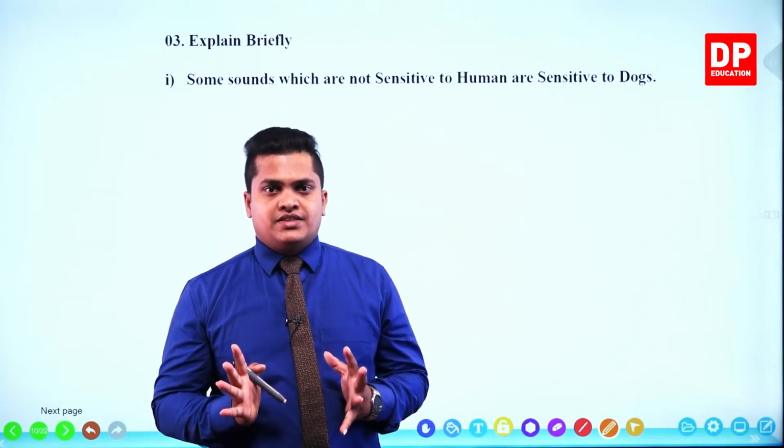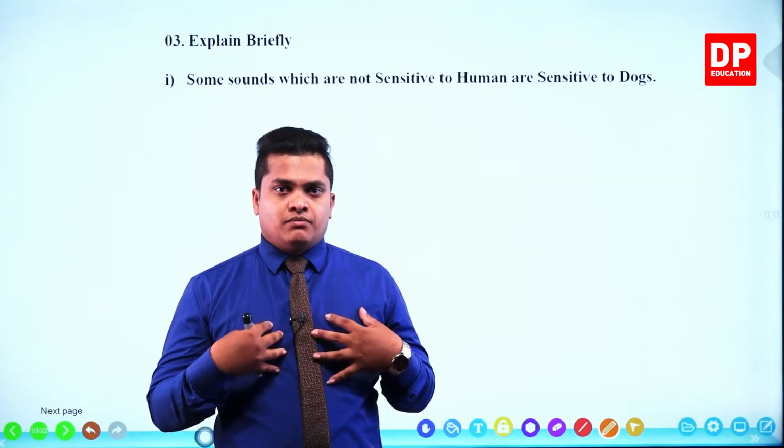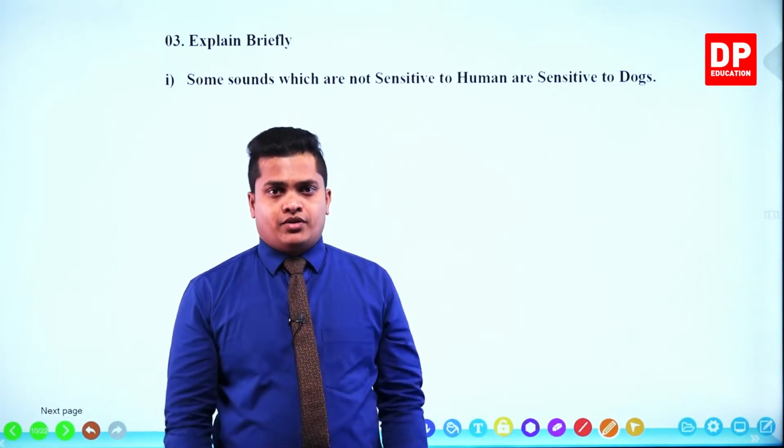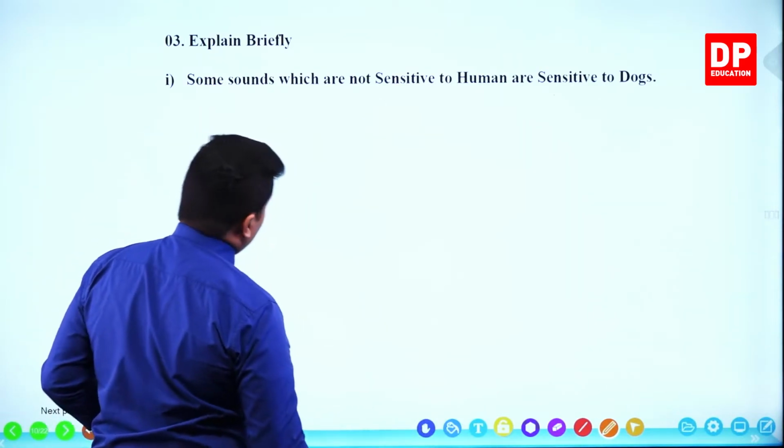Therefore, there are some instances we can't hear sounds, but those sounds can be heard clearly by a dog. So we can write the answer like this.